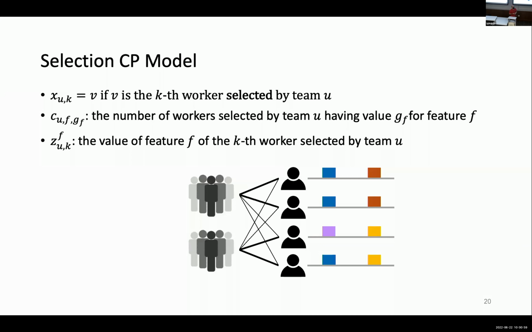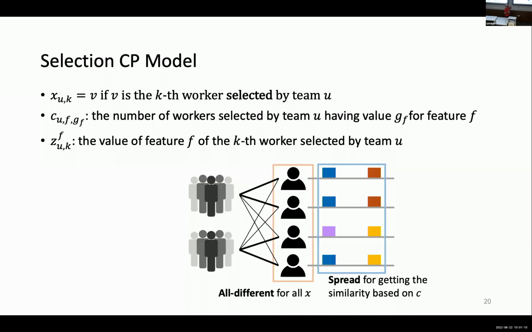We also have to add a value for feature F, so the Z value there. Okay, I'm not going to go deep into the details here, but because of the ordering over the workers, we have an all different. We have a spread again for getting the similarity over the features. And we've got some ugly stuff to link things together, a table constraint and a GCC, which isn't too bad.